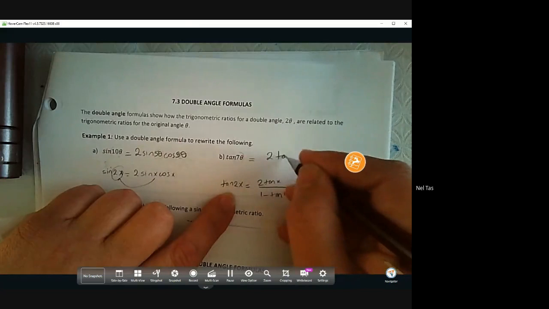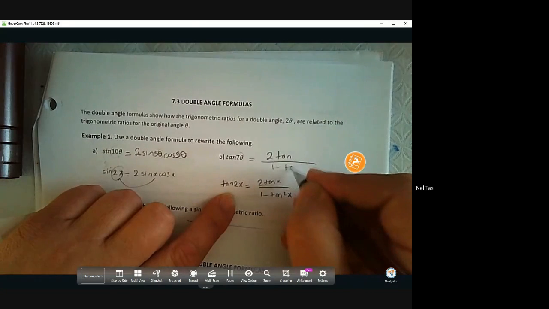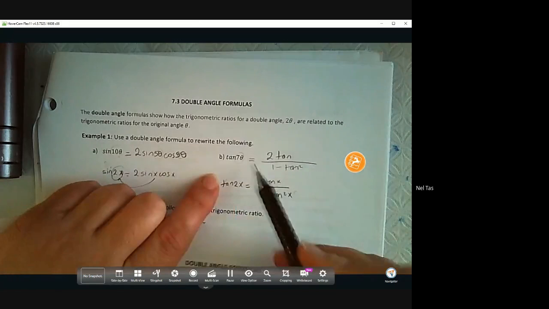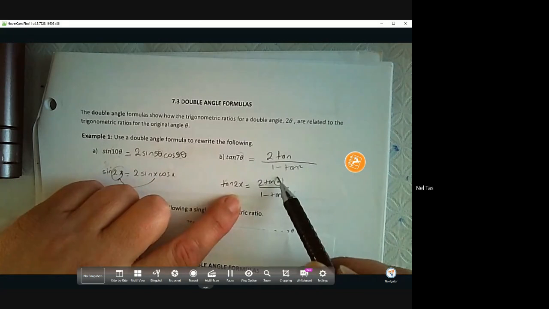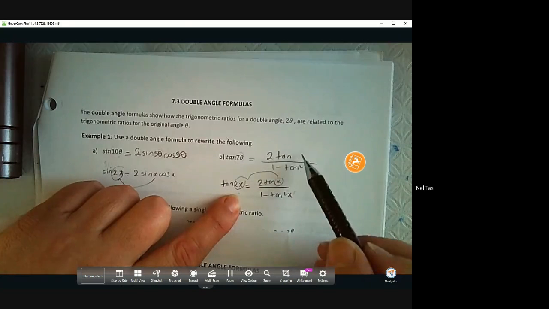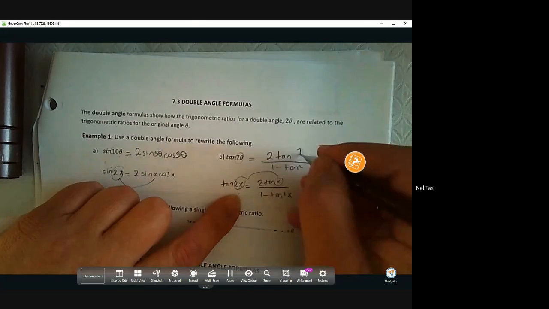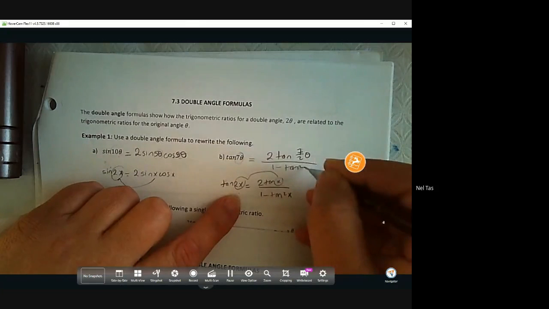Then what angle should we put here instead of x? Again, this x is half of 2x, and whatever I put here must be half of this angle. So half of 7 theta is 7 over 2 theta.